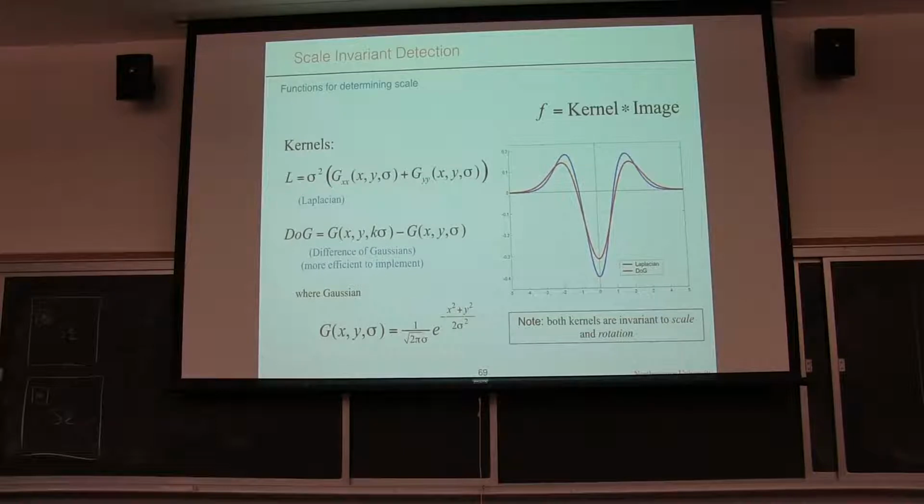Like, a lot fewer calculations? You don't have to take any derivatives or anything, just a difference? Well, you need to convolve first with this Gaussian and this Gaussian, right?